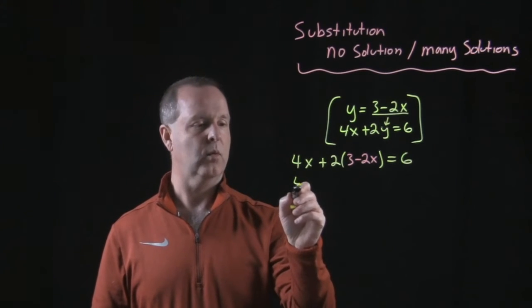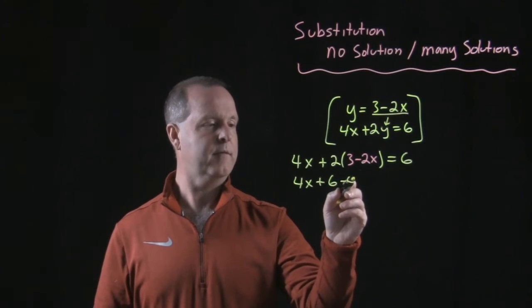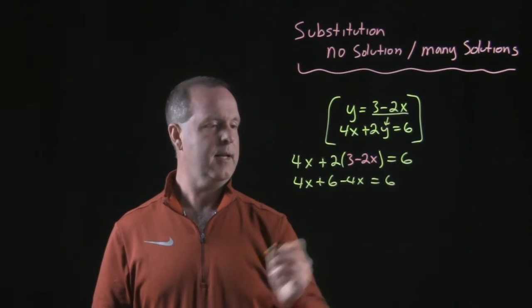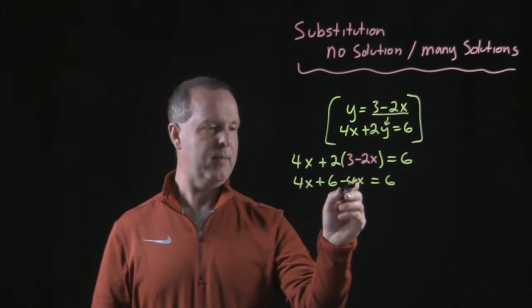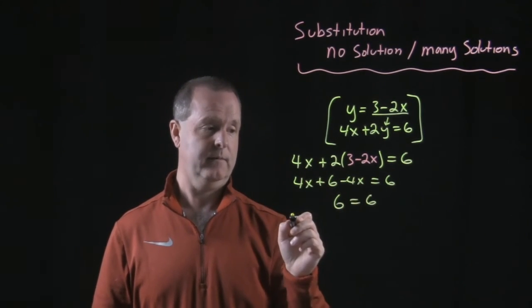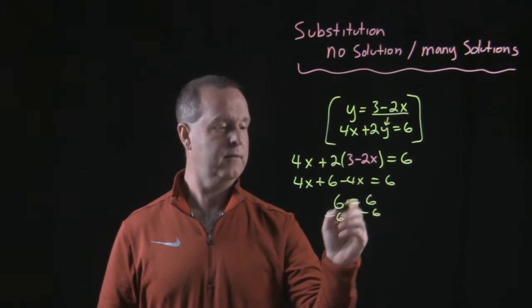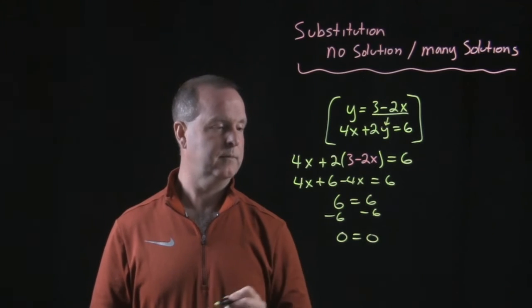Let's solve this to work this out. 2 times 3 is a 6. Minus 4x equals 6. 4x minus 4x, collect like terms. I get 6 equals 6. I can subtract 6 from both sides if I wanted to, and I get 0 equals 0.